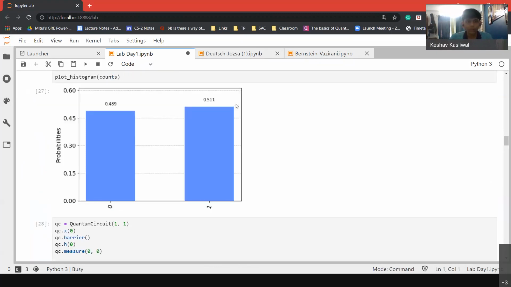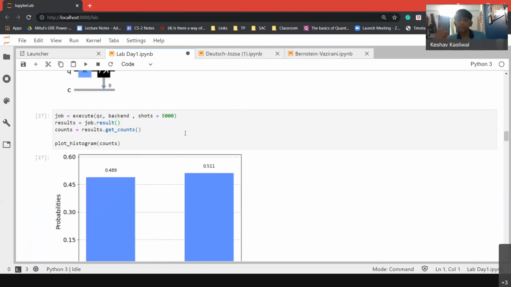It may not be necessary that for the same number of shots you'll get the same result. What does the simulator do? It takes that circuit again, runs it 5,000 times, and generates a result. That wouldn't mean the results you got for the same shots on the first try would be the same for the second try.